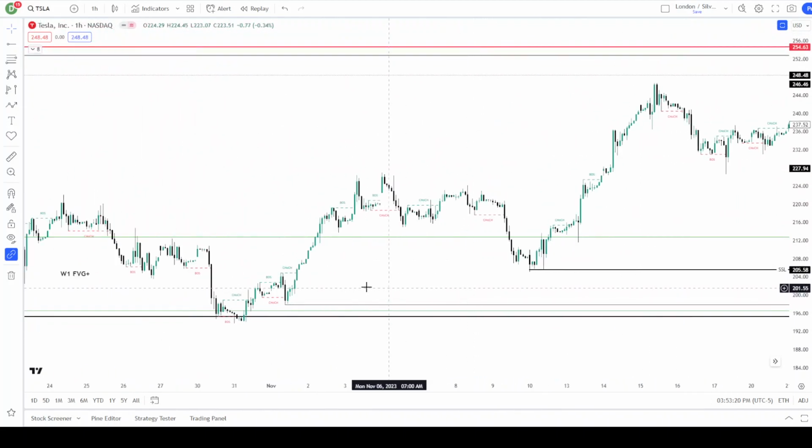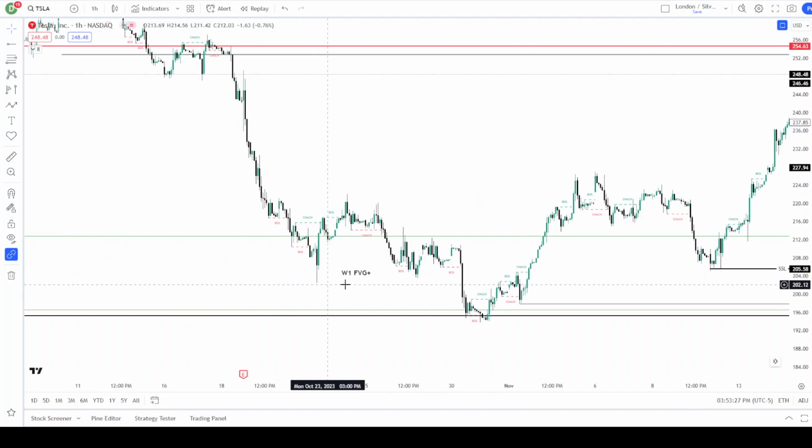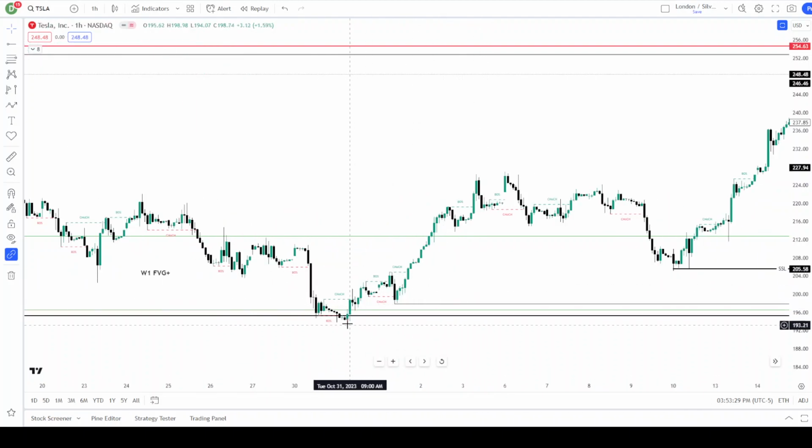Let's zoom in there. You see that first change of character here after we already took the previous low. We get displacement in this candle. We run up and then we trade right back down to that displacement candle right there. Boom. There's your entry, market maker buy model.